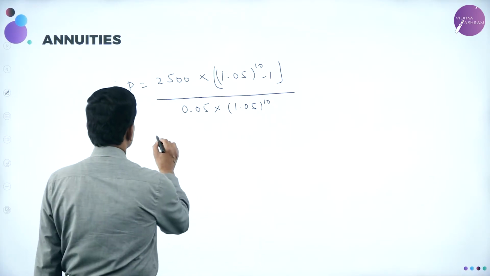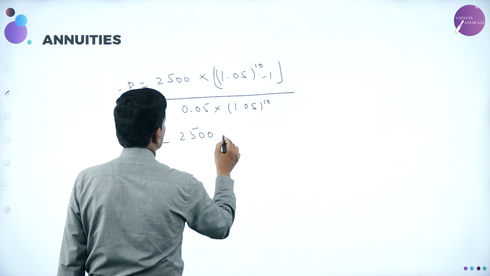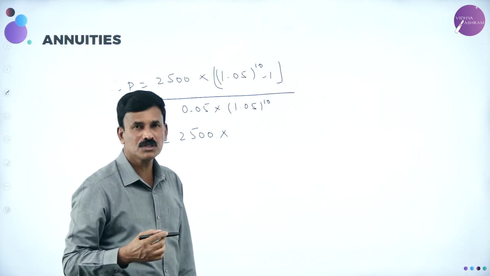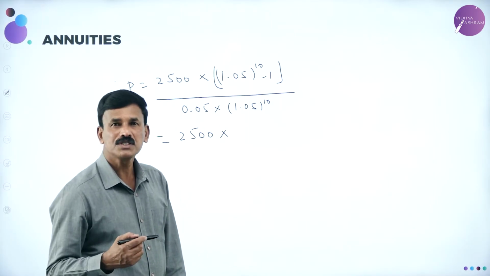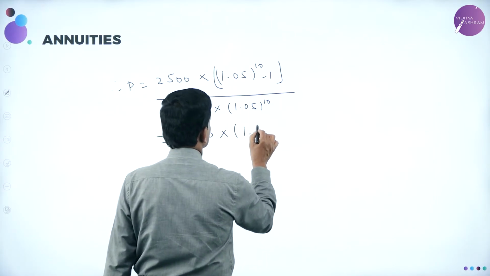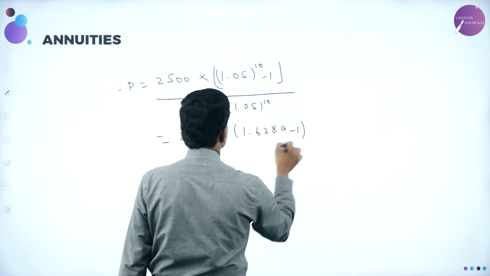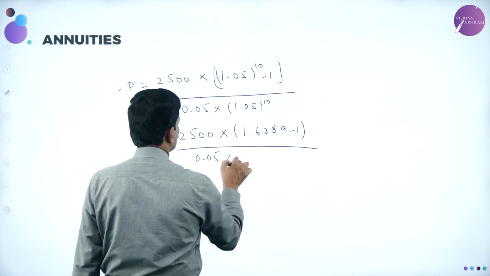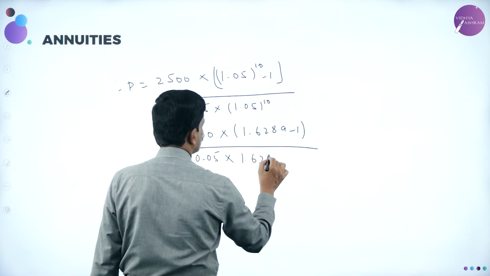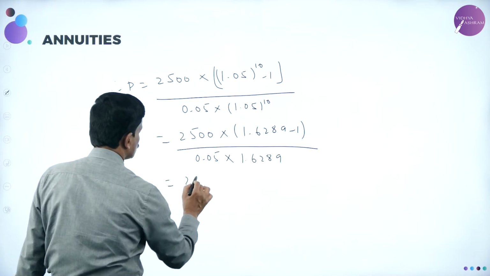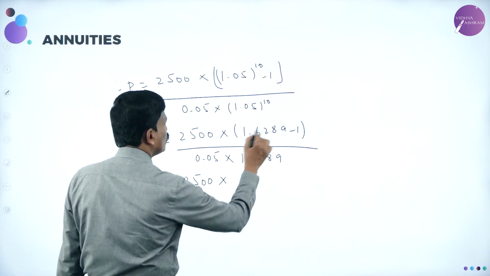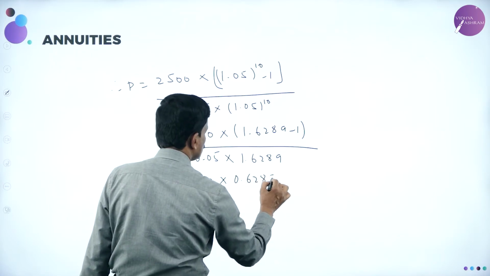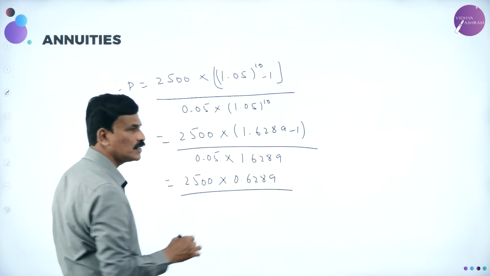So if we simplify this, 1.05 multiplied 10 times gives 1.6289. So this is 2,500 into 1.6289 minus 1 divided by 0.05 into 1.6289. 1.6289 minus 1 is nothing but 0.6289, divided by, multiply these two, that's it.